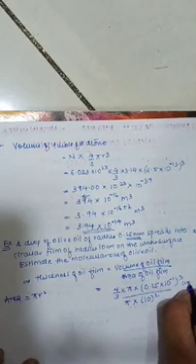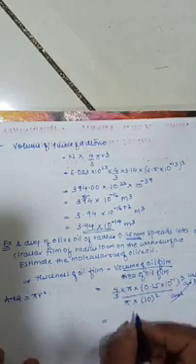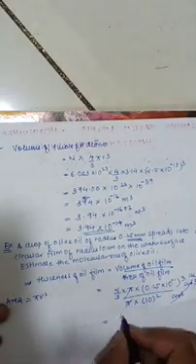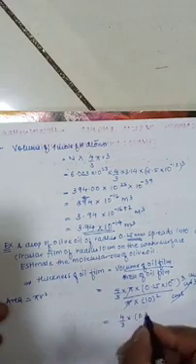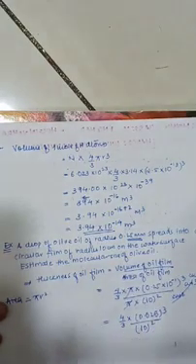This is centimeter cube and this is centimeter square, so centimeter cancels, and pi also cancels. So your answer is 4 by 3 into 0.025 cube divided by 10 square.